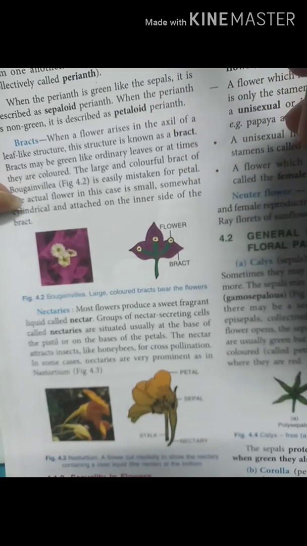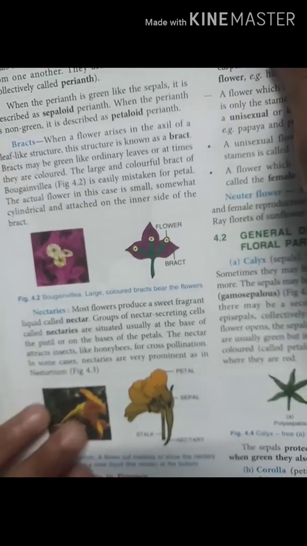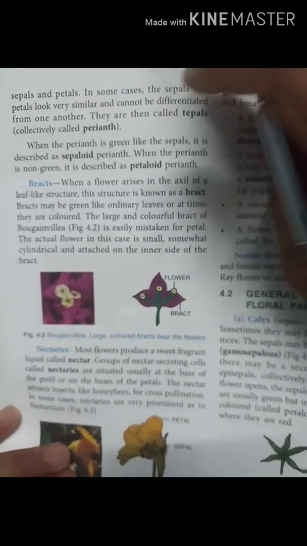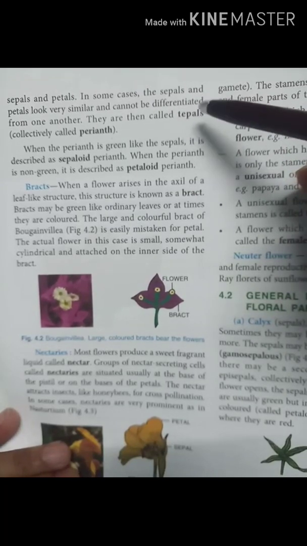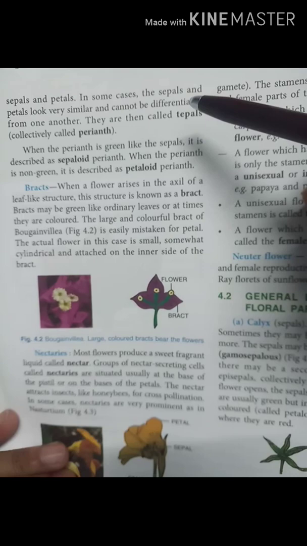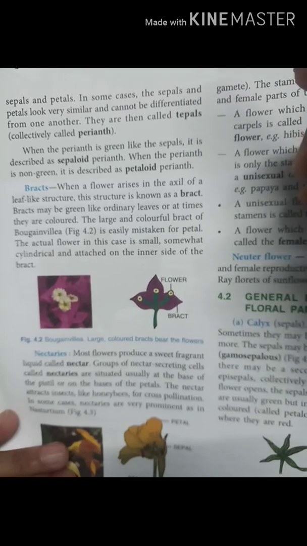Then they are called tepals. So what are tepals? Undifferentiated petals and sepals, collectively called perianth, are called tepals.